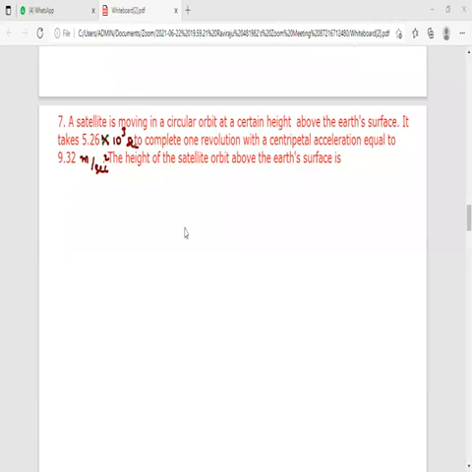In the previous class we derived an equation for that. For the time period, we have written the equation t equal to 2 pi root over (R plus h) whole cube by GM.